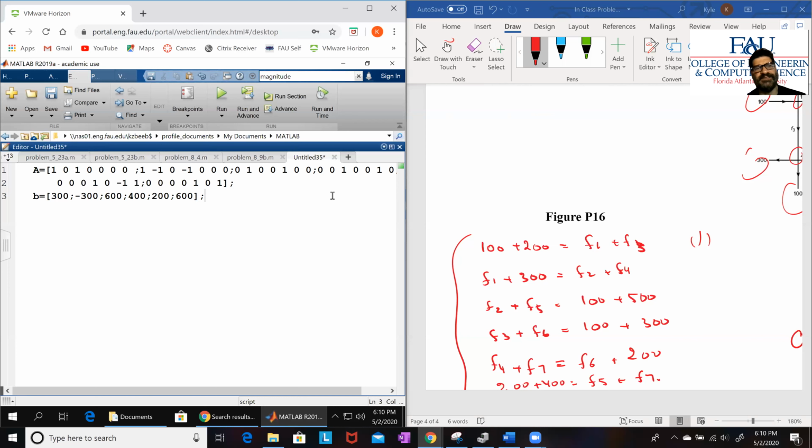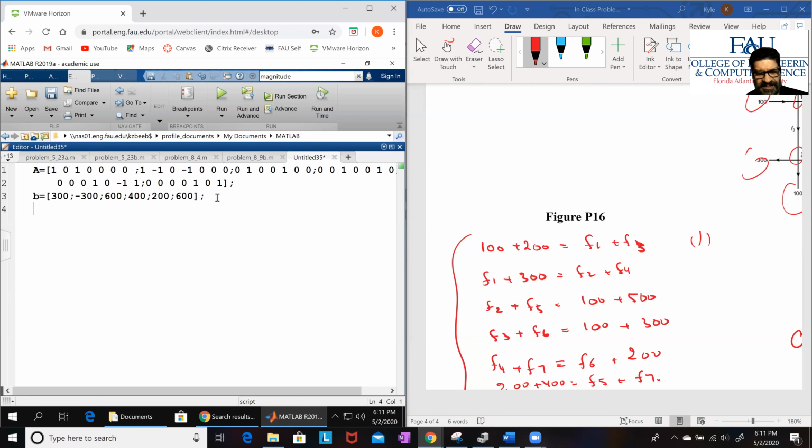So if you look at this, we know that there's 6 equations and 4 nodes. Let me just save this one here. Let me try to do the left division.